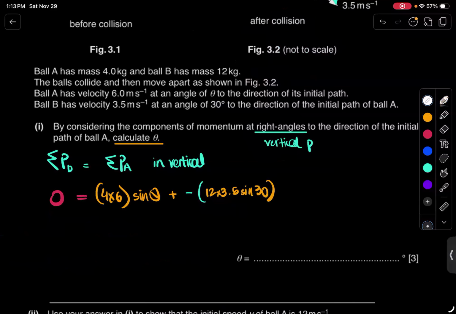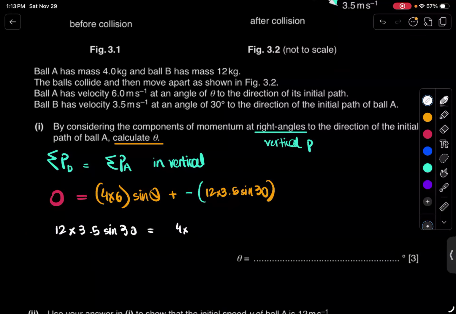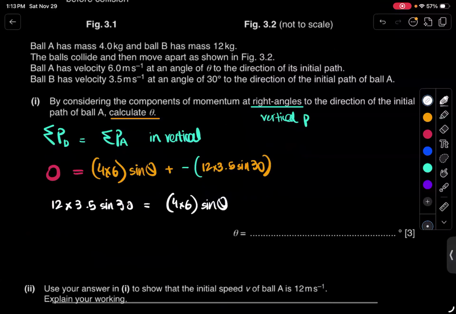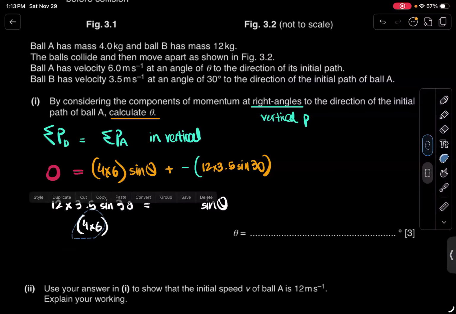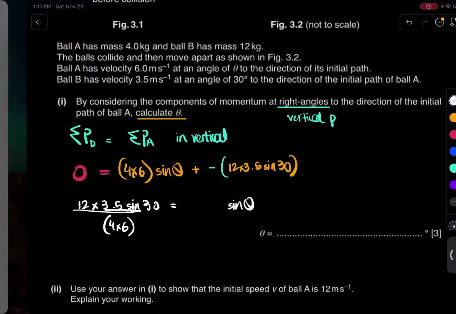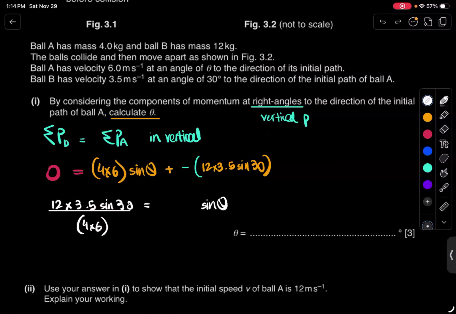Now, the left side is 0. Doesn't that mean if you take that on the other side, this becomes 12 into 3.5 sine 30 equals 4 into 6 sine theta. And that's going to give you theta. If you divide and take sine inverse, on the right side you are left with theta.